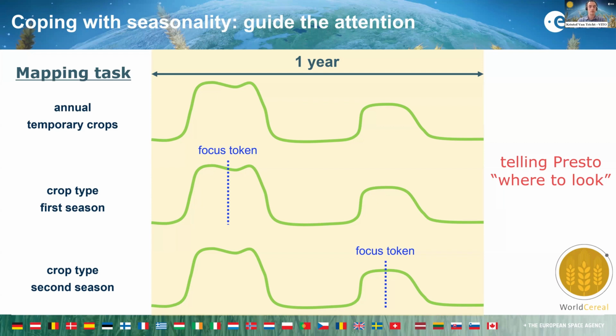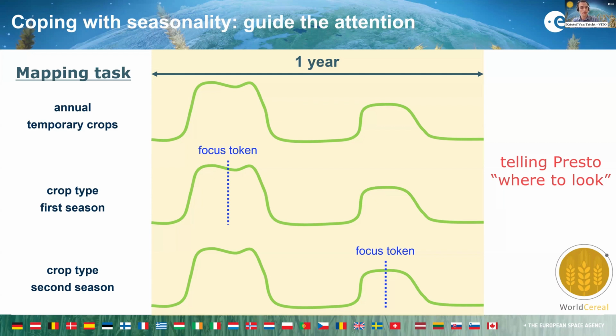So in the basic sense, when we create a cropland map, the annual temporary crops, we feed the entire year to Presto and without any information on where we are looking. We just want to know if there are crop dynamics happening within that year.